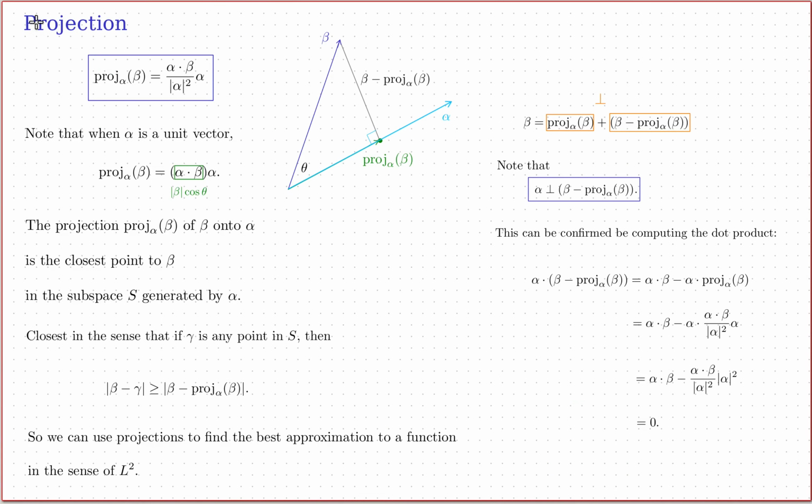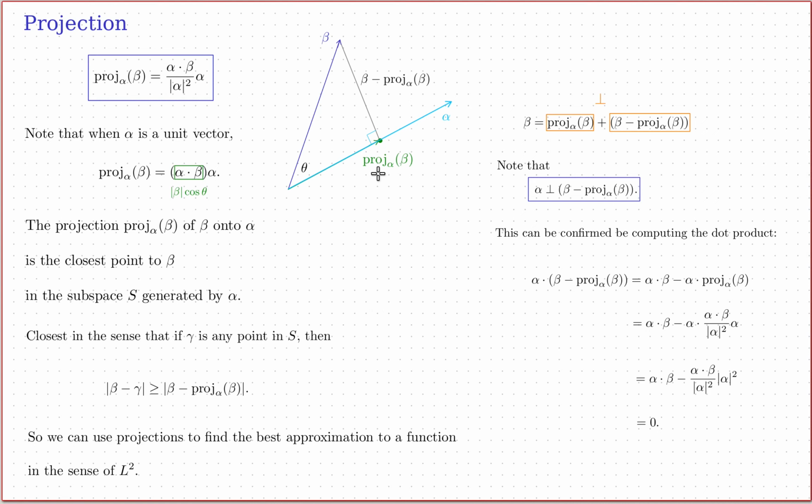So let me review what you learned in linear algebra about projections. So again, I'm using alpha and beta to represent two vectors in the vector space. And I think you will have learned all of this on this slide in a course on linear algebra.